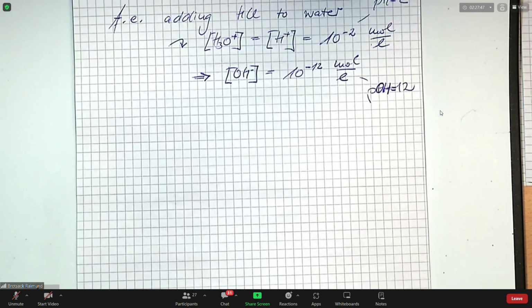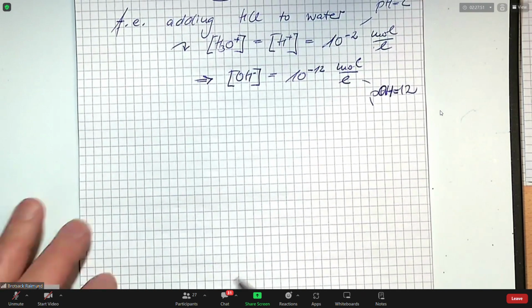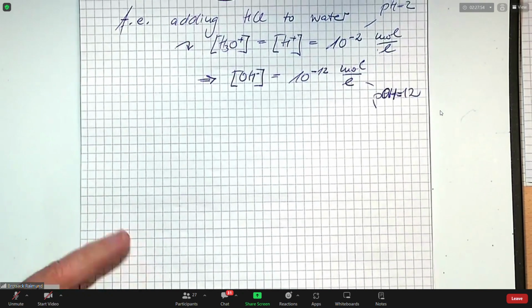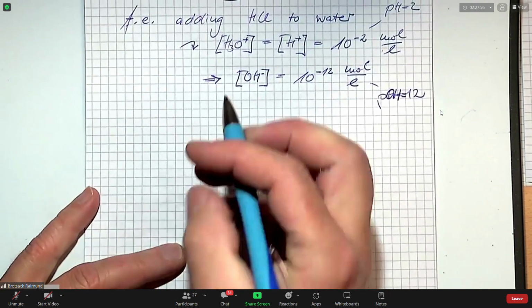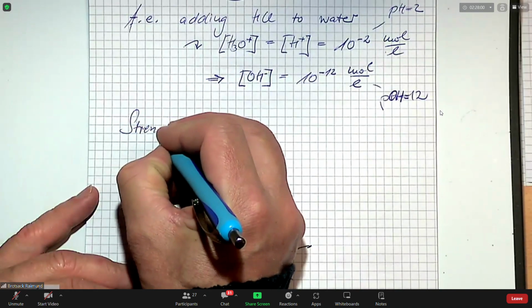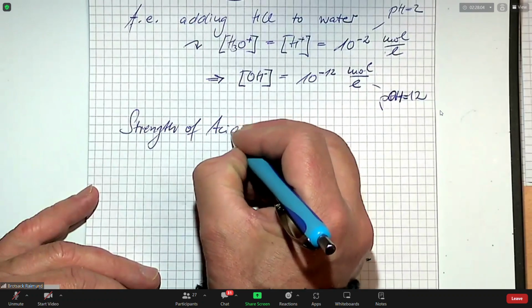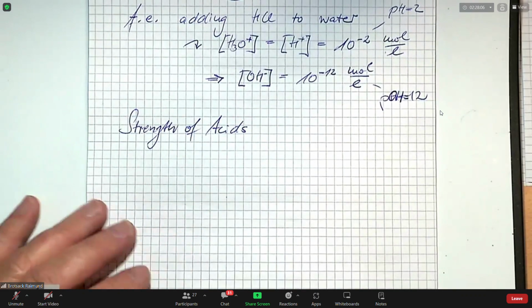Well, we already started to discuss the strength of acids a little last week. Let's repeat it. Strengths of acids.